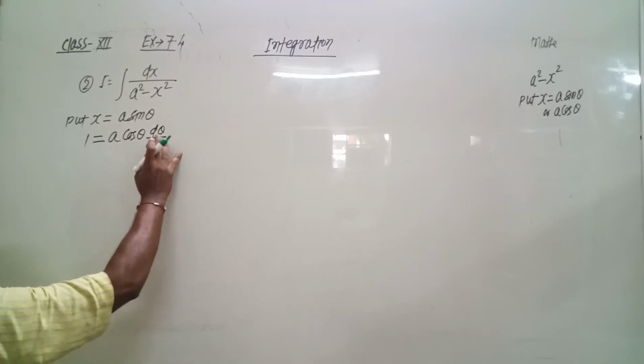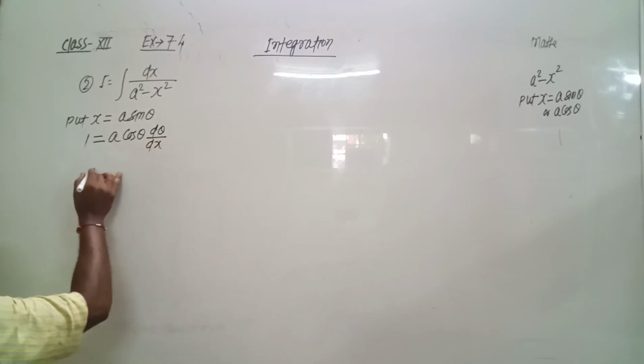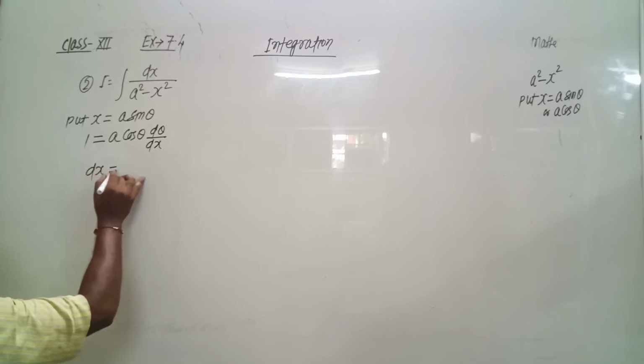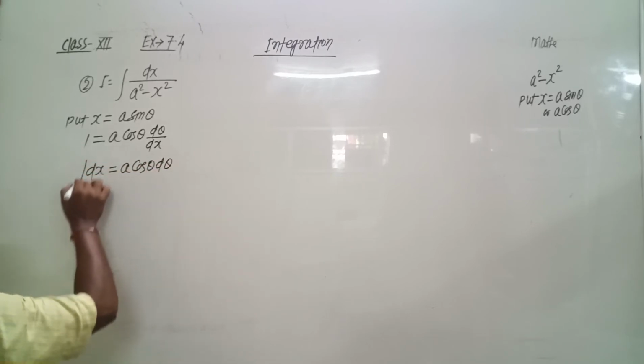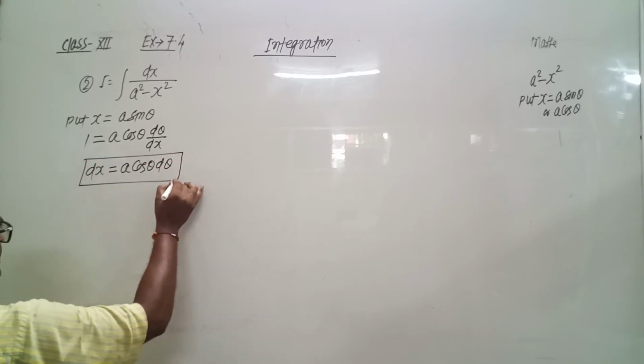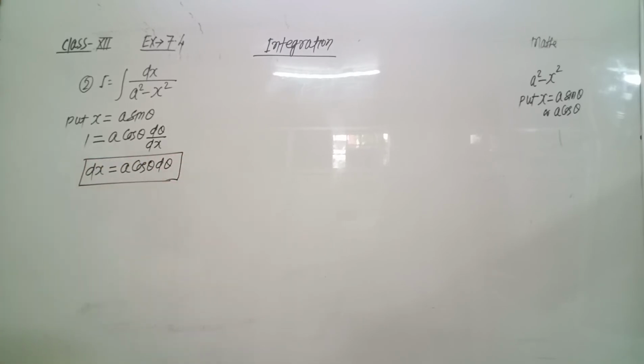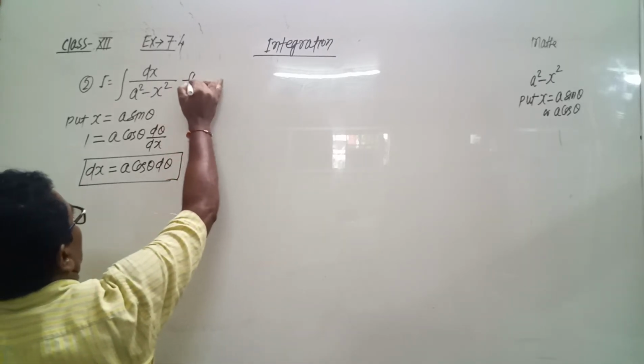So we get the value of dx equals a cos theta d theta.